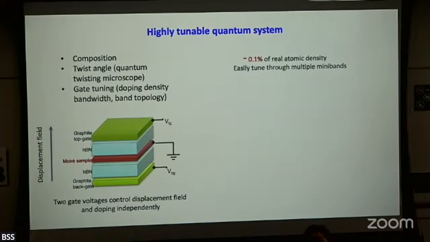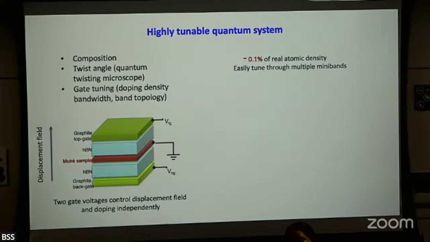And it works surprisingly well, even when you push your AFM tip very hard. So under some high pressure, it still works. So this is a new development, and more results will come out when we can precisely control the twist angle continuously.